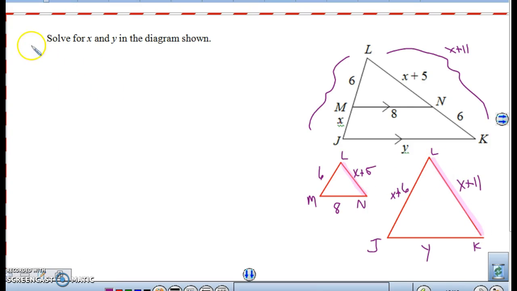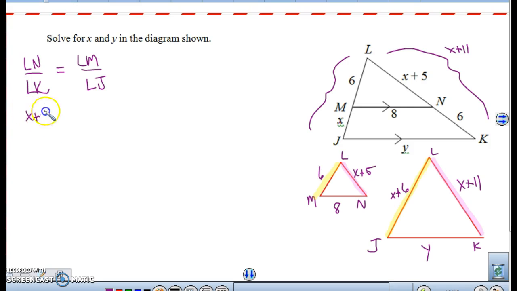There's 1 pair of sides. So LN is to LK. As I need another pair of sides. Let's do LM, this side right here. Those sides are in proportion. So LM is to LJ. Okay, fill in your values.